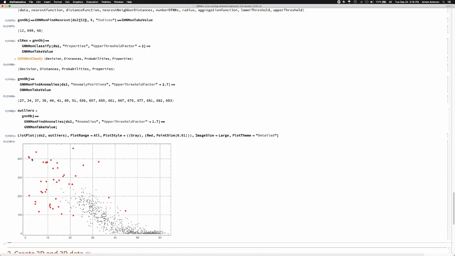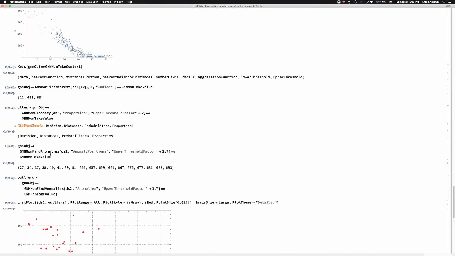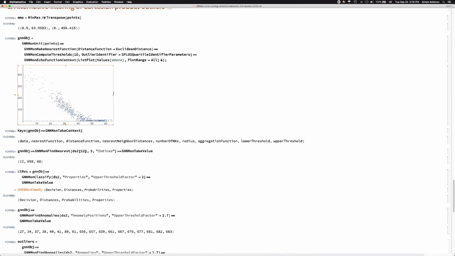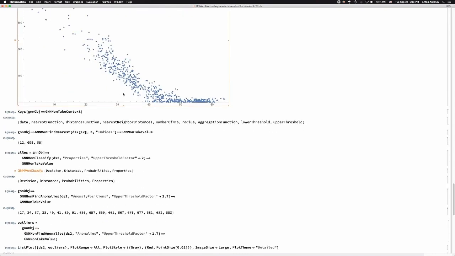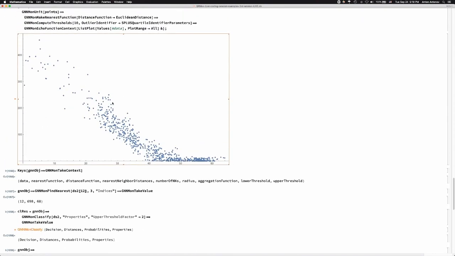use geometric nearest neighbors. So basically, for every point here, if I want to figure out which point is an anomaly, I'm just saying a point which has few neighbors within a certain radius is going to be an anomaly or an outlier. Basically, what I'm going to do is scan all points here.